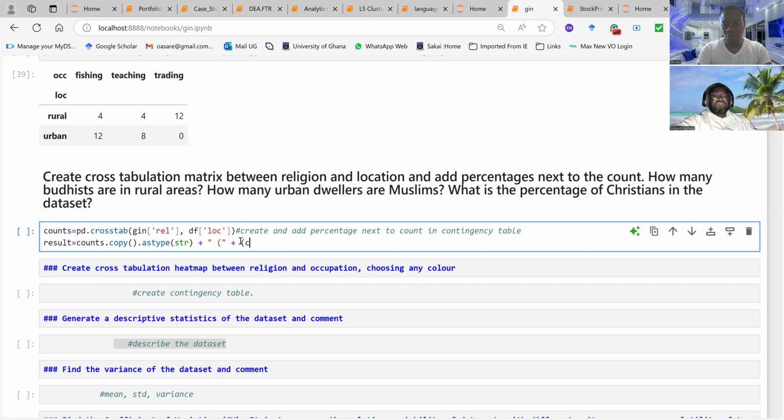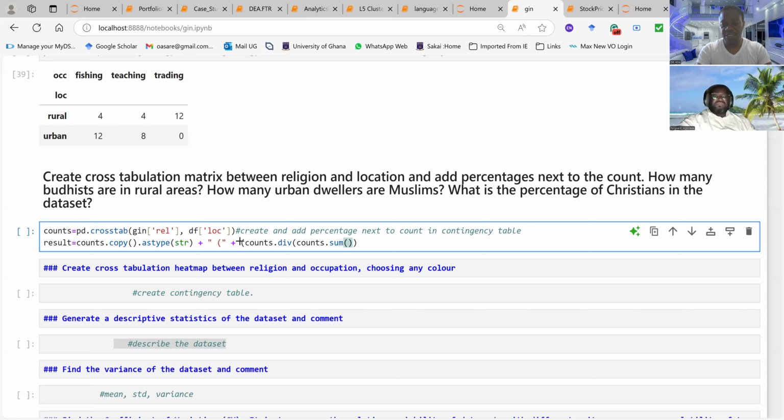So let's do the count. We divide, because we are going to do division for percentages, by each of the counts before we multiply by 100. So divide the counts after you've taken the sum of the axes.